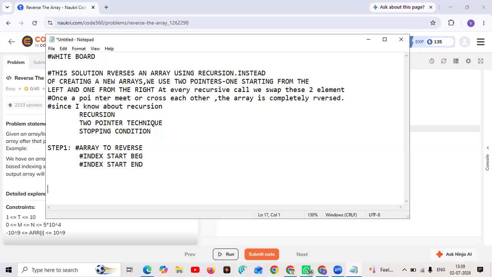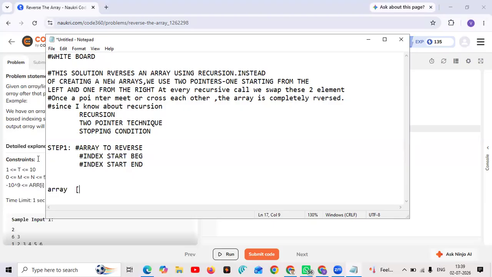Please focus on this part. I just want you to see it once, and if you're not getting something, you should watch twice. But this is very simple, so if you're watching it once, you can also get the answer.